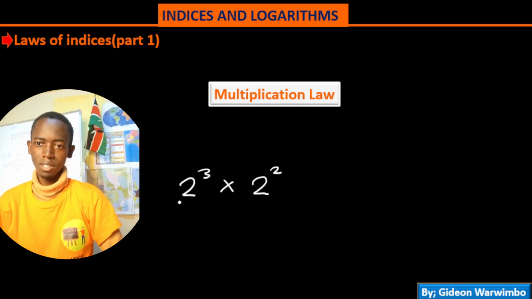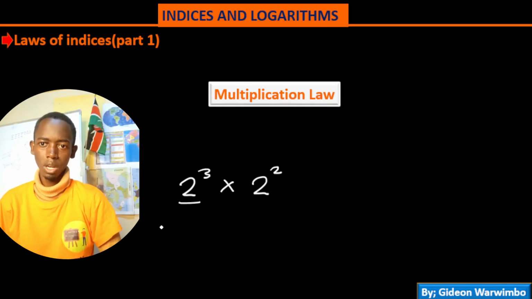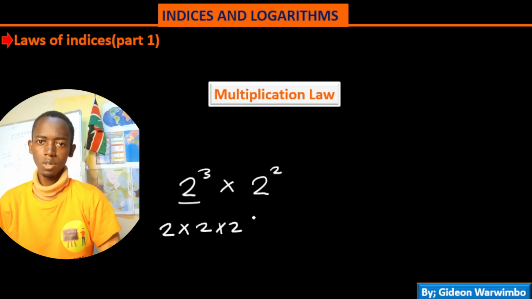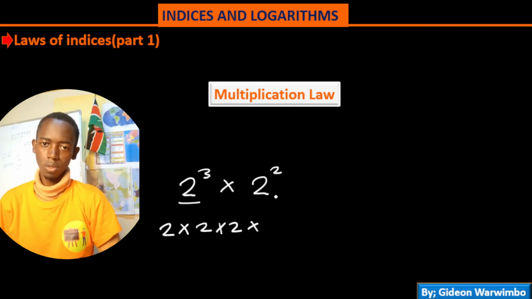Remember from the previous session, 2 to power 3 is 2 multiplied by itself 3 times, that is 2 times 2 times 2. Then we have a multiplication sign, and the second term, 2 to power 2, is 2 times 2.